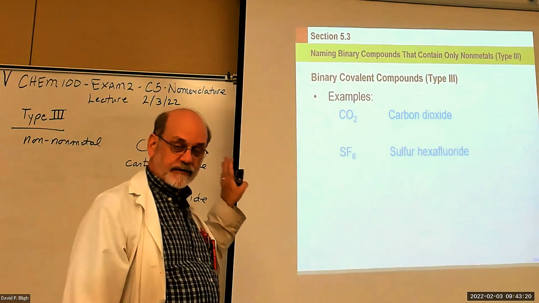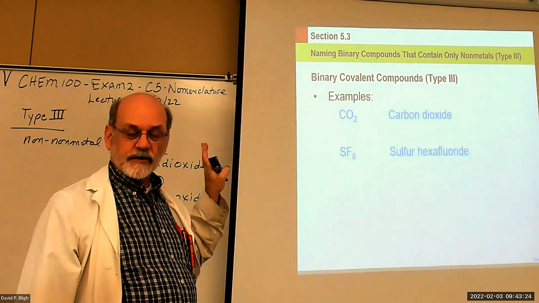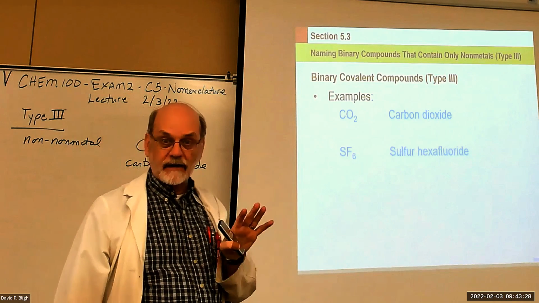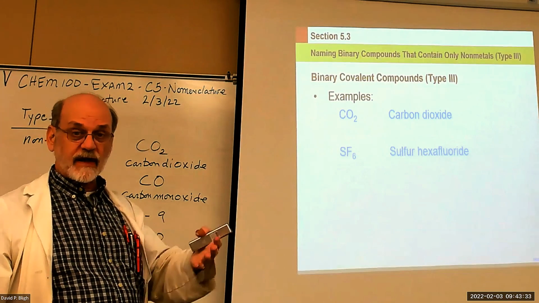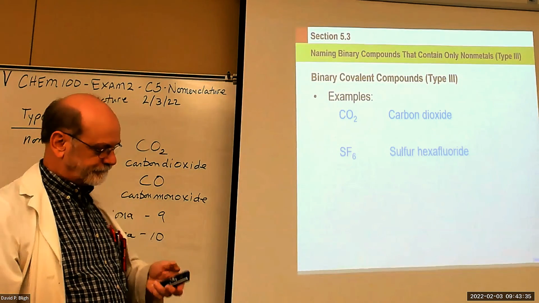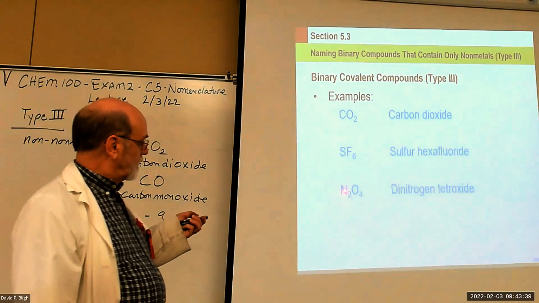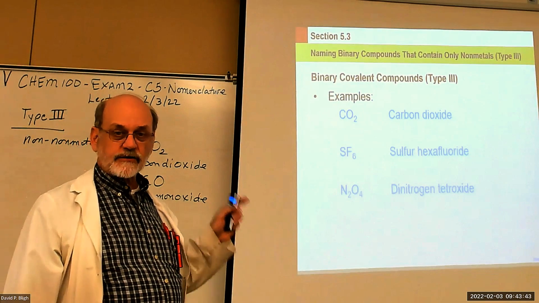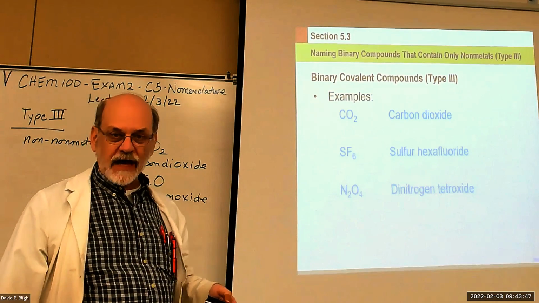Sulfur is further to the left of fluorine, so sulfur occupies the metal position. It's not a metal, but it occupies the metal position in the name and in the formula. Here's one. Nitrogen and oxygen together. In this combination, 2 nitrogens, 4 oxygens. Dinitrogen tetroxide.